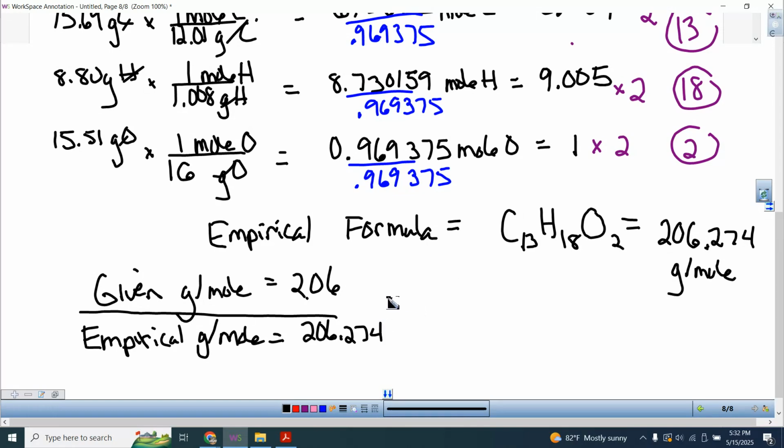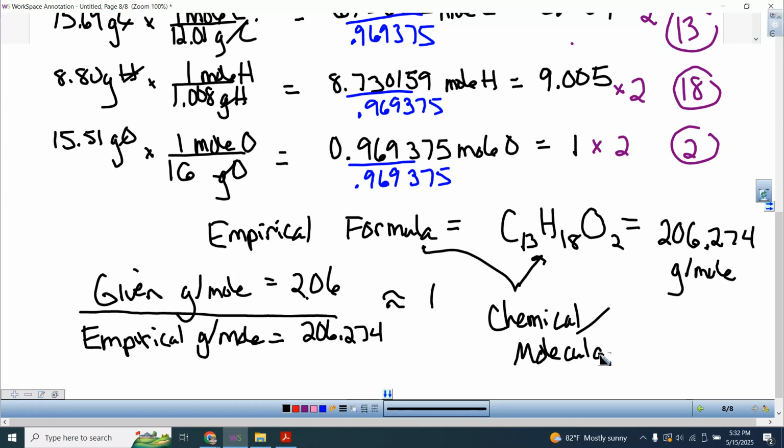So when I divide this, I definitely get something close to a whole number. I get something very close to 1. And so what that tells me is that this is the empirical formula, and it is also the chemical, also called molecular formula. Okay, so that's how you find your empirical formula, chemical formula, and your mass percent.